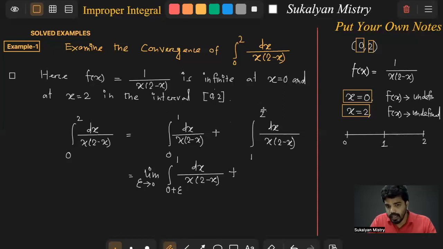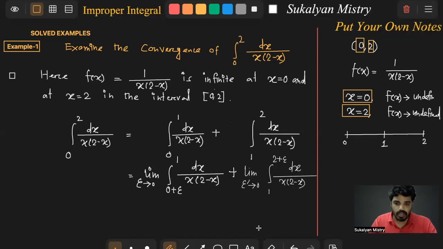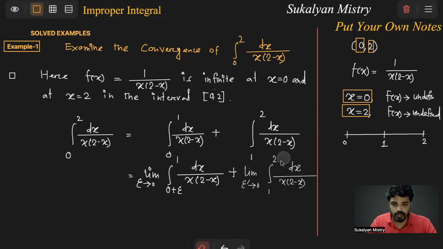Take here 2 is a point of infinite discontinuity, so 2 is the right end, so limit epsilon dash tends to 0, integration 1 to 2 minus epsilon dx divided by x into 2 minus x. Okay, sorry, this will be 2 minus epsilon.